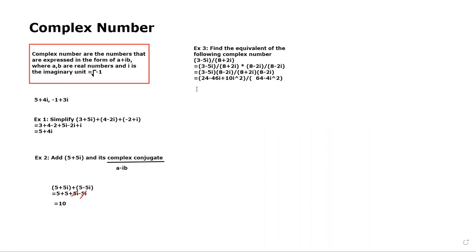Now put in the value of i square. We know i is the square root of minus 1, so i square will be minus 1.